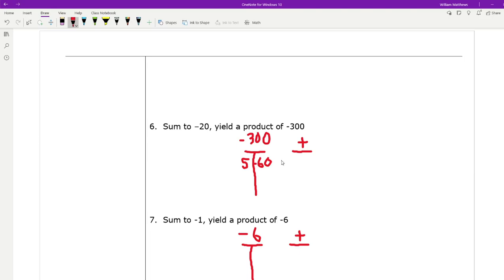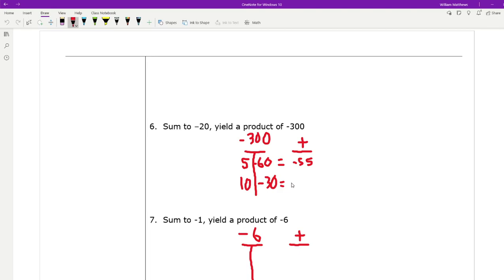In this case, that was supposed to be -60, which will give us a -55. Now, that's still not close enough, so we need to jump a little bit more. In this case, I jump all the way to my tens. 10 times -30 has the product of -300.